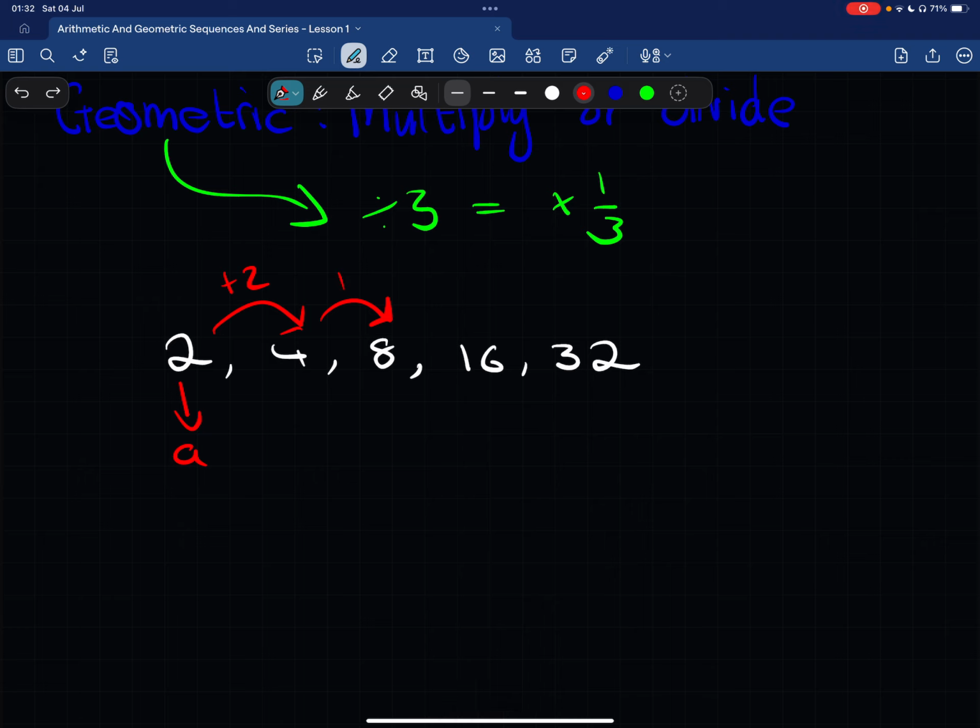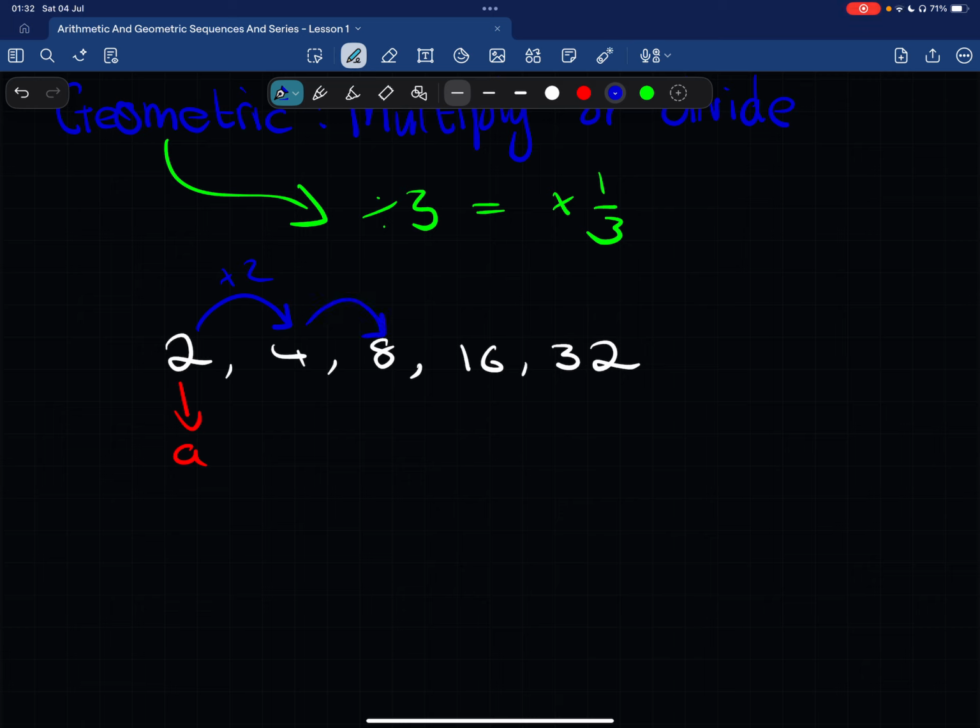Well, the thing is, now we are dealing with geometric sequences, so we cannot add numbers. We have to either multiply or divide. So let's try that. 2 times something is equal to 4. We know that 2 times 2 is equal to 4.